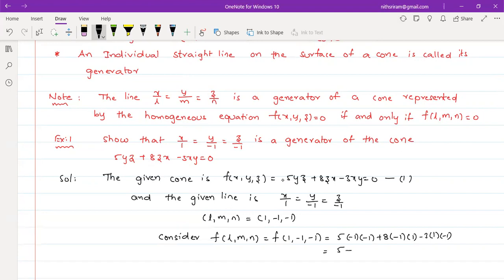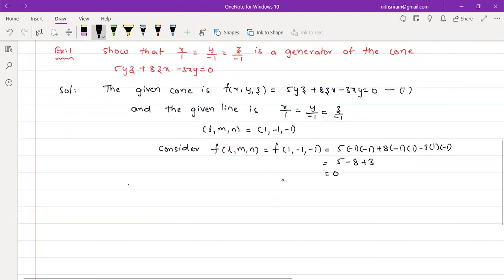So this is 5 - 8 + 3, which is equal to 0. Therefore we get f(l, m, n) = 0.